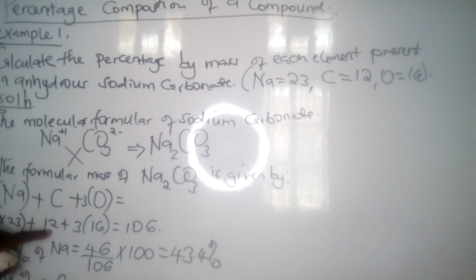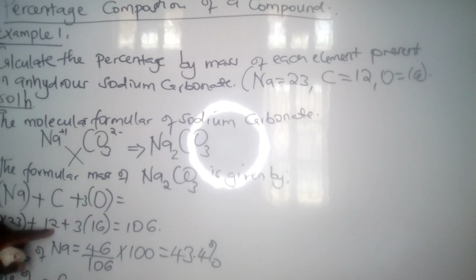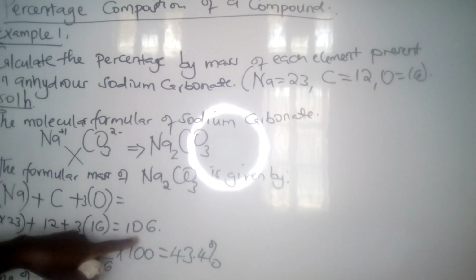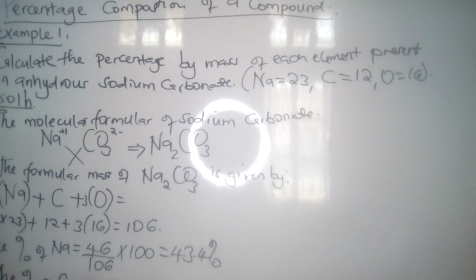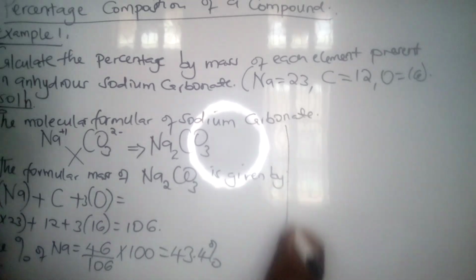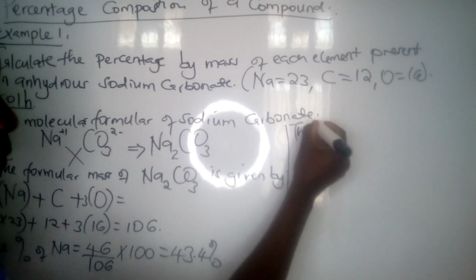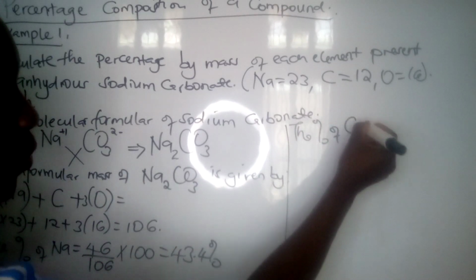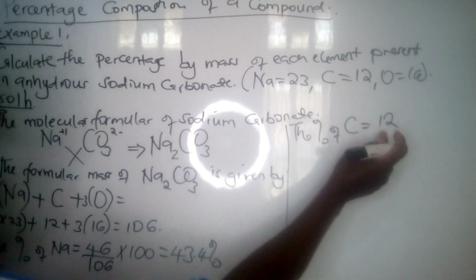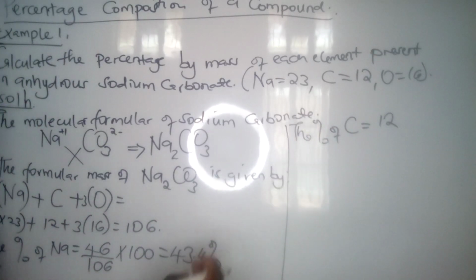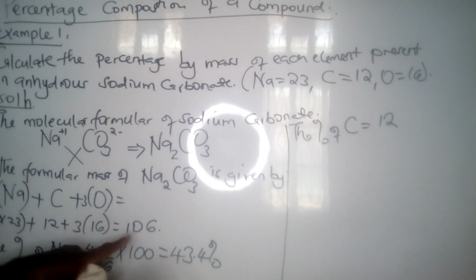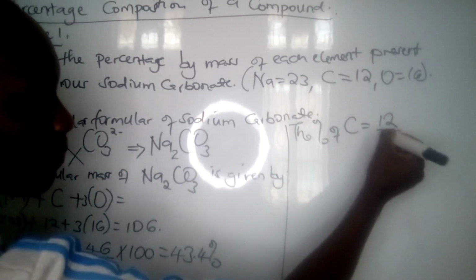Then we have the percentage of carbon. So the mass number of carbon is 12. So we are going to have 12 divided by the formula mass, which is 106. Let's write here so that you can be able to see. So the percentage of carbon is equal to 12, that is the mass number of carbon, divided by the formula mass, which is 106.